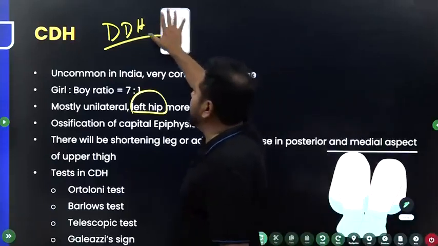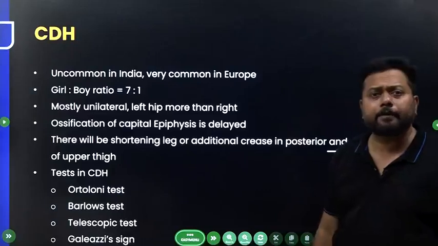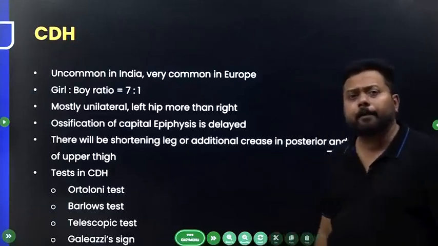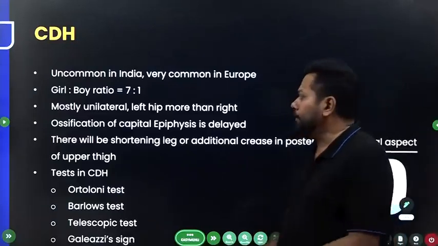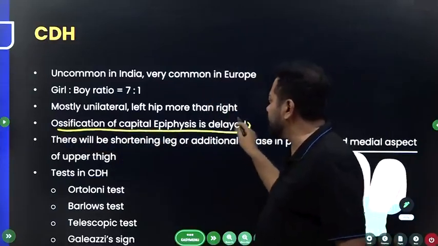What is the basic pathology? In CTEV, I said the basic pathology is a primary germplasm defect of the talus. In developmental dysplasia hip, the primary pathology is delay in ossification of the capital femoral epiphysis.